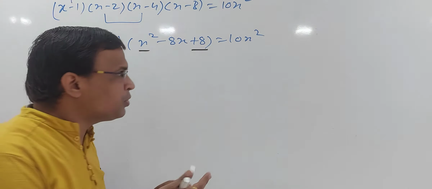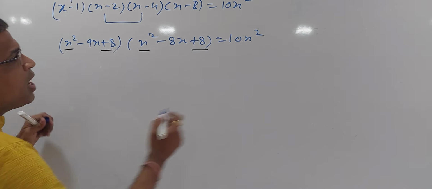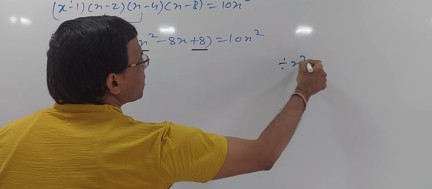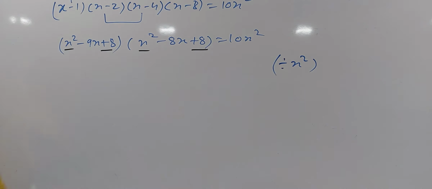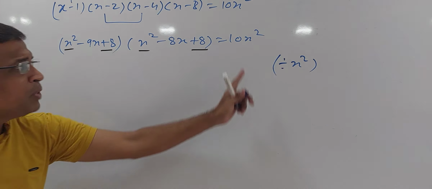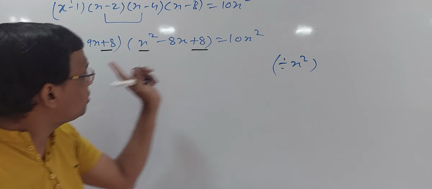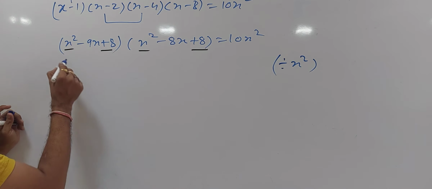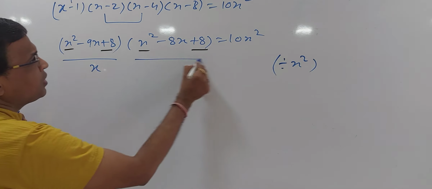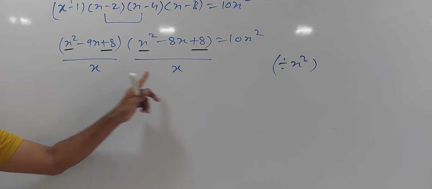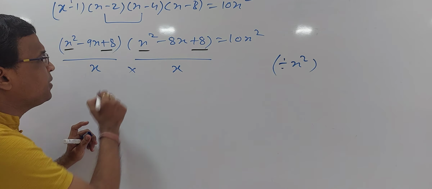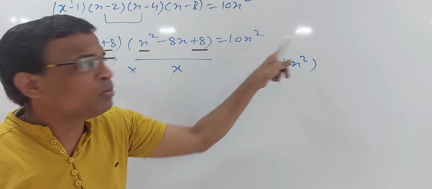What is my approach? I will divide both sides by x square. Dividing by x square on this side is distributed: x here and x here, again x square because there is a multiplication sign, and here directly we will get 10.